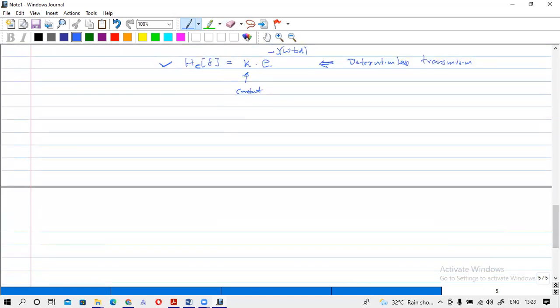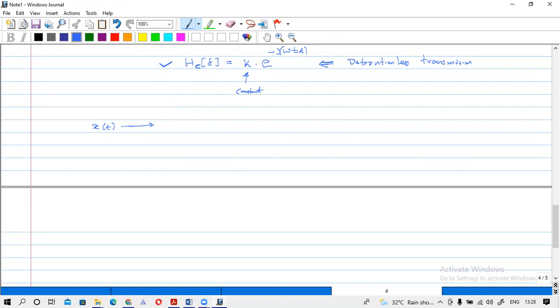We know that when a signal is transmitted through a channel, due to multipath propagation or attenuation, or due to noise, some kind of impairment can happen.